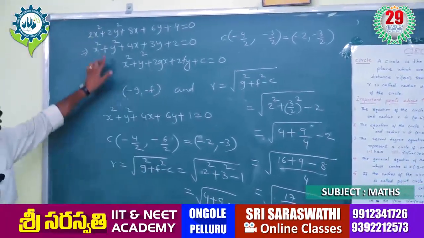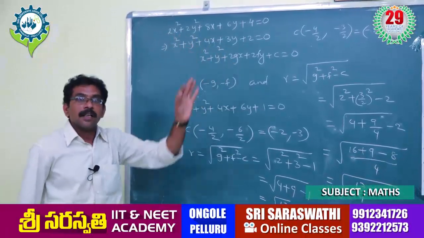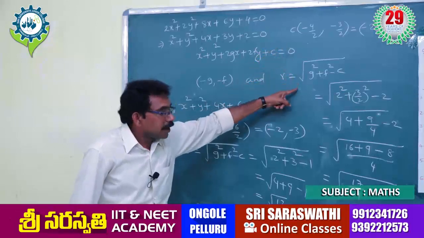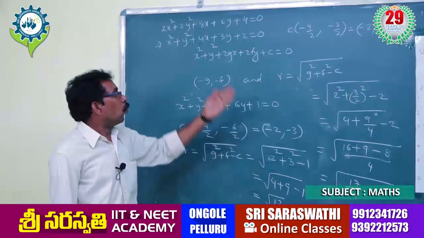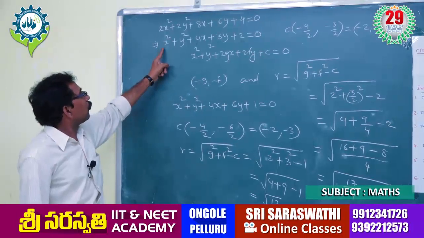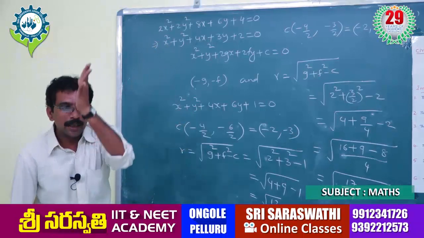Hence, if we have given a circle, then to get center and radius, first we have to see that the coefficient of x square and y square as unity.